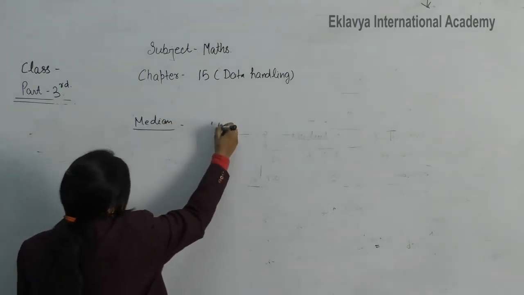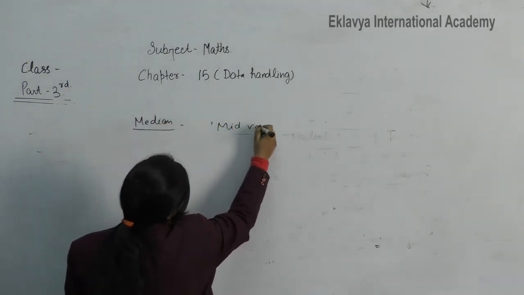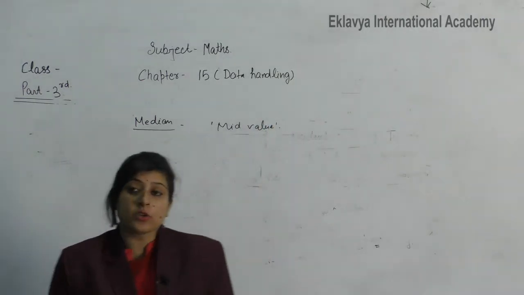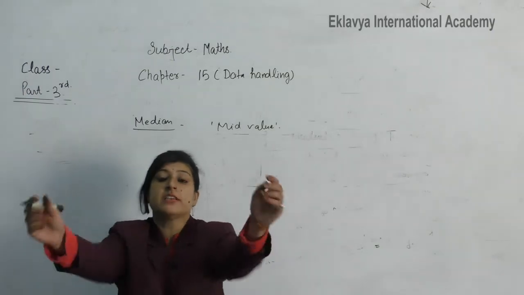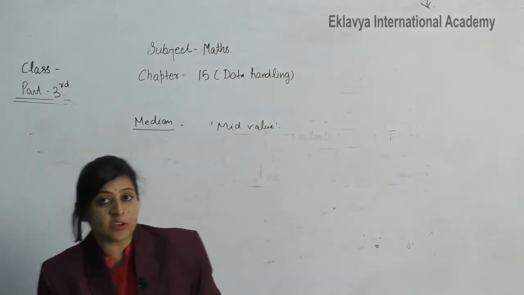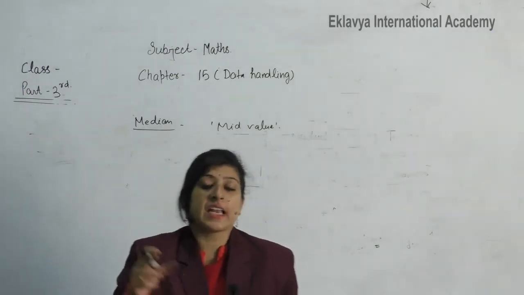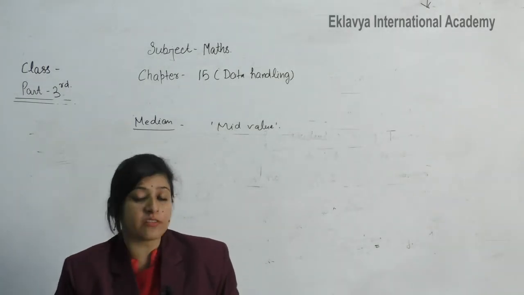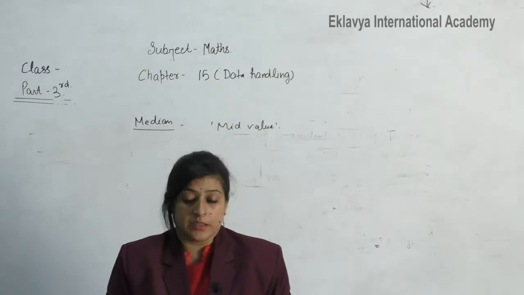Median, we can take the word as mid value. It means if raw data is given to you, firstly we will arrange it in ascending order or descending order and then take the middlemost value, that is called the median of that particular data.